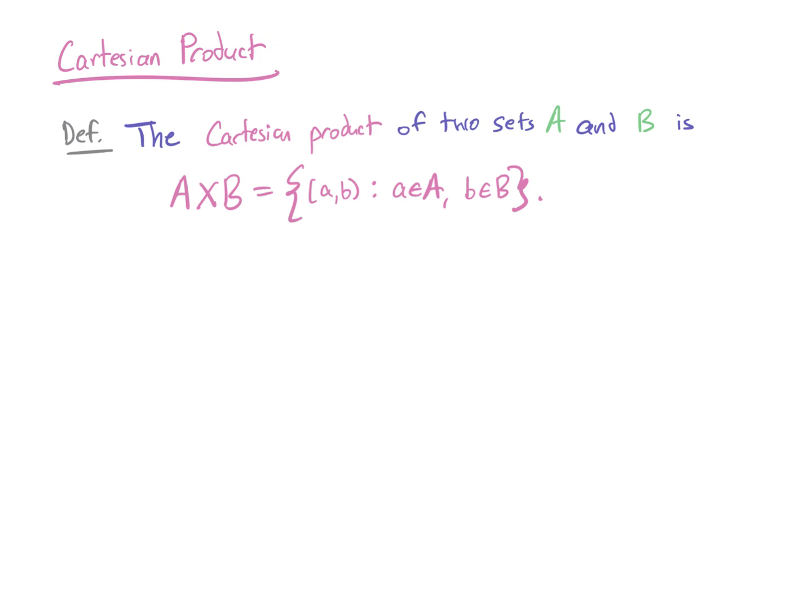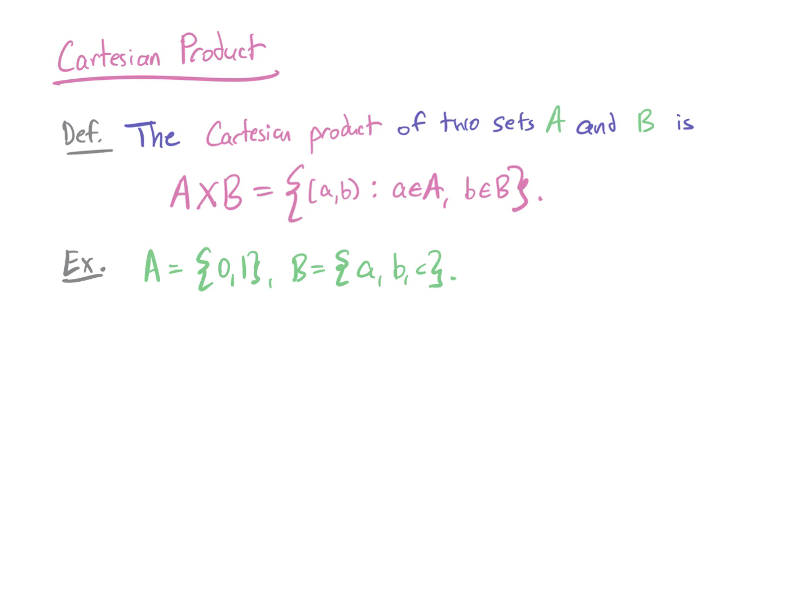So let's do an example of the Cartesian product. A is the set {0, 1}, and B can be the set {a, b, c}. Or just think of those as letters.